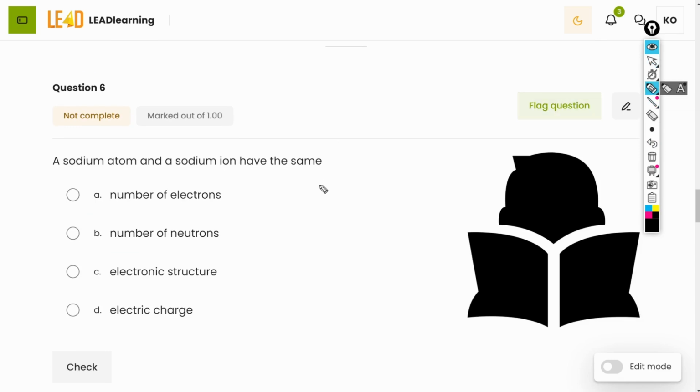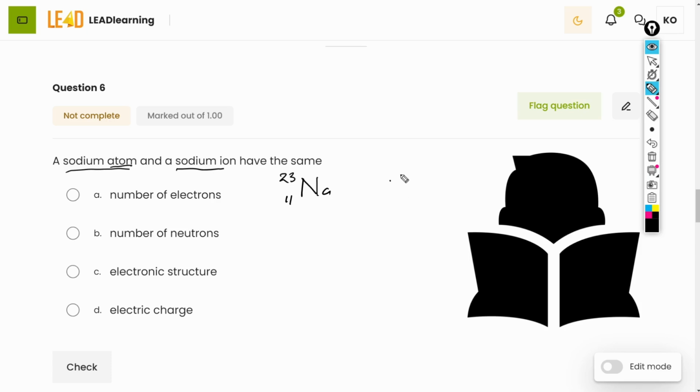Question 6. A sodium atom and a sodium ion have the same. Now, this is an atom, this is an ion. So a sodium atom has 11 protons, atomic mass 23.